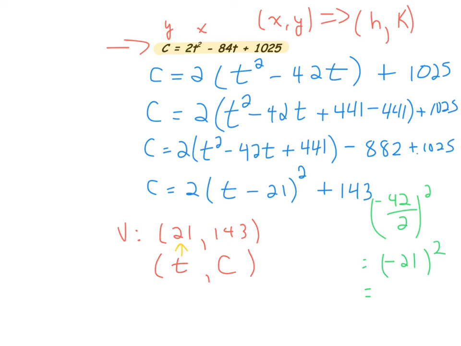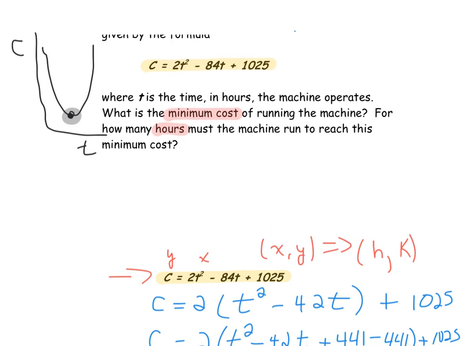So I'm just going to bring back the question for a quick minute. It says, where T is the time in hours the machine operates, and C is the minimum cost of running the machine. There we have it.